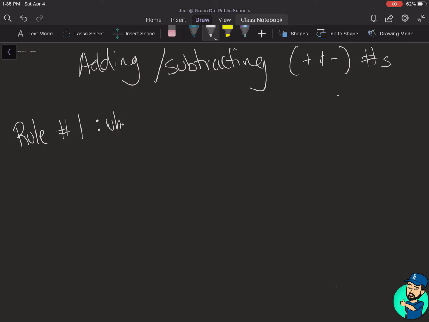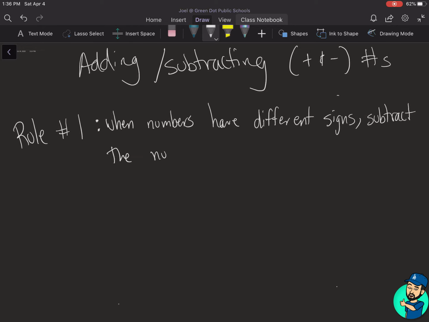When numbers have different signs, subtract the numbers, but keep the sign of the larger number.